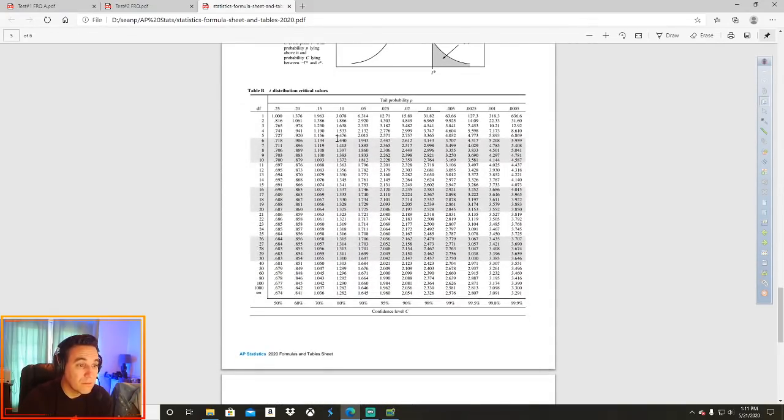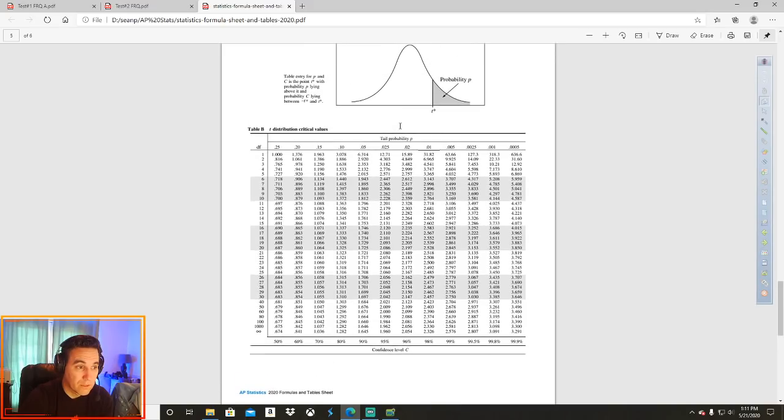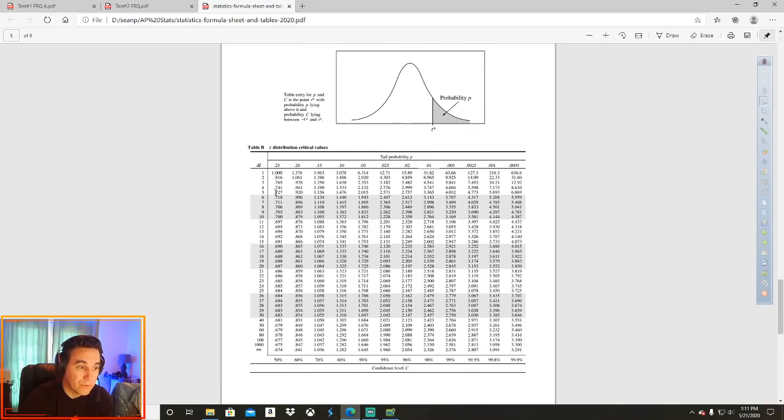But this one you will want, right? For your means and your t-scores. Degrees of freedom are over here on the left, n minus 1. And remember, the confidence levels are down here. So if you really needed a quick check, you could look at that. Remember, the last row is your Z's.